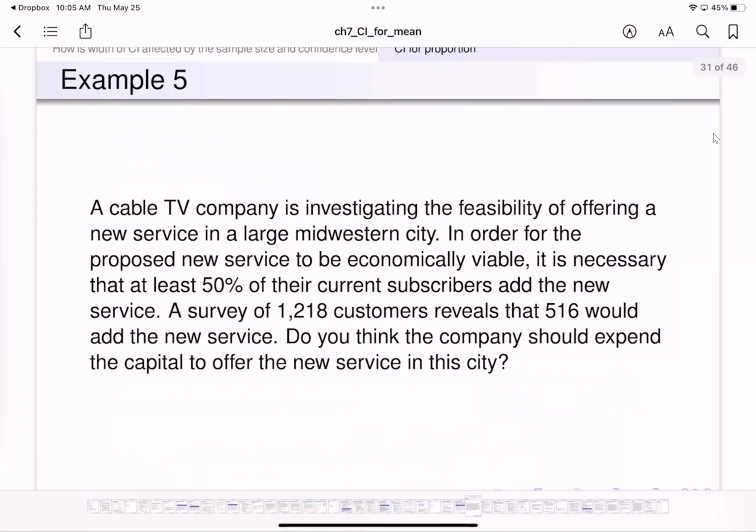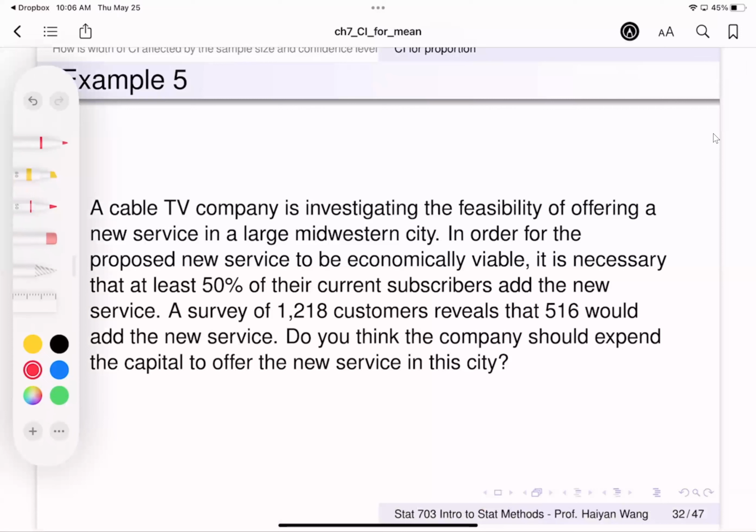So they did a survey, and out of 1,218 customers, 516 of them said they would add the new service. Based on this number, do you think the company should expand the capital to offer the new service in the city?